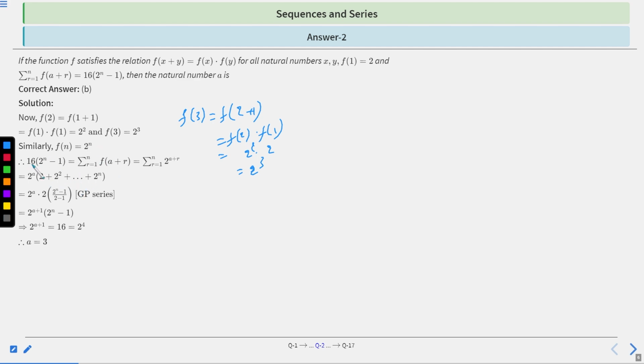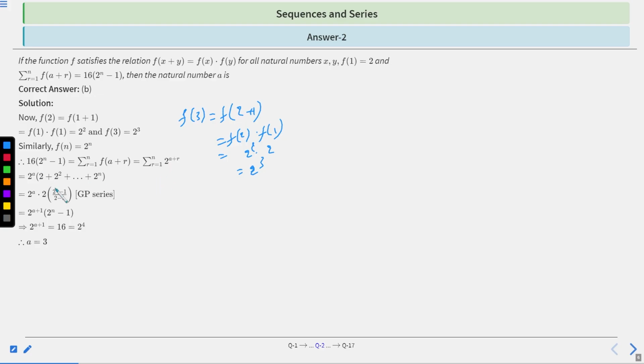And it is given that 16 into 2 to the power n minus 1 is equal to summation of r is equal to 1 to n f(a plus r), which is equal to summation of 2 to the power a plus r. Now 2 to the power a is constant because a is a natural number.